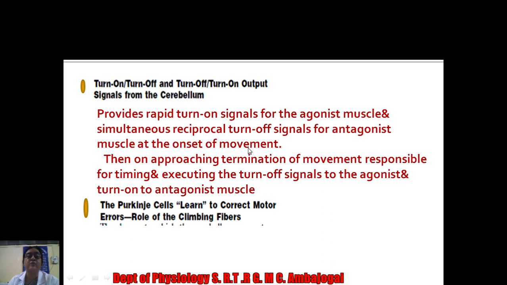Then on approaching the termination of the movement, it immediately gives a turn-off signal to the agonist muscle and a turn-on signal to the antagonist muscles. And this Purkinje cell, climbing fiber circuit is important for learning to correct errors and for the predictive function. That's why it is possible in sequential movement to turn from one movement to another, and you can do each activity smoothly.